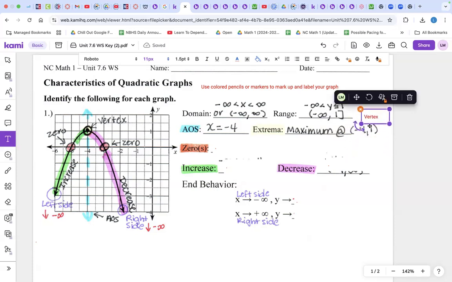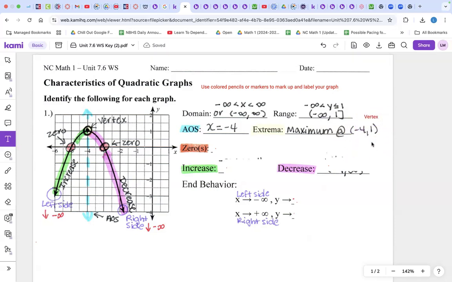Zeros is where it's crossing: -5, 0 and -3, 0. And the 0 is always last.